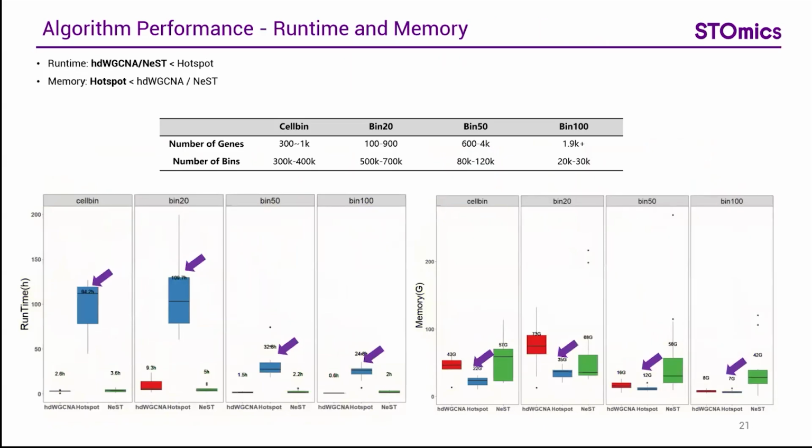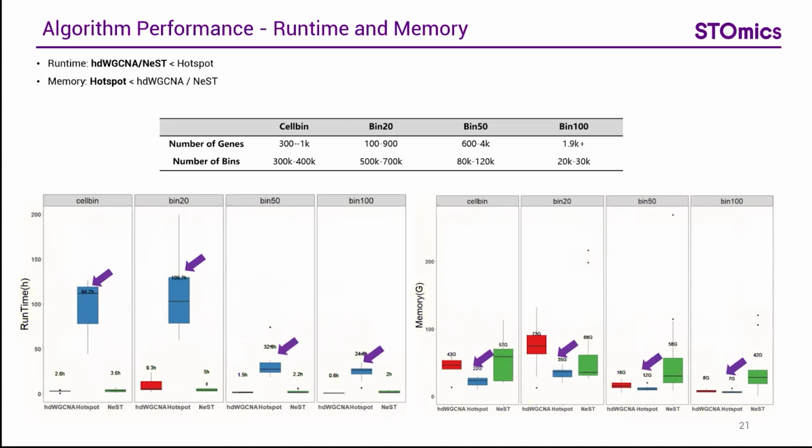Finally, regarding runtime and memory usage, we found that they are primarily related to the number of cells and genes we use. The more cells and genes, the longer the time required and the greater the memory demand. Overall, the hotspot algorithm, blue box, requires the longest runtime.